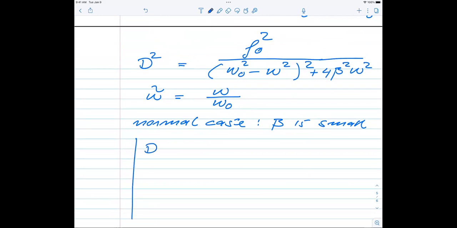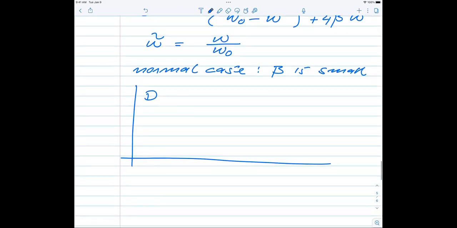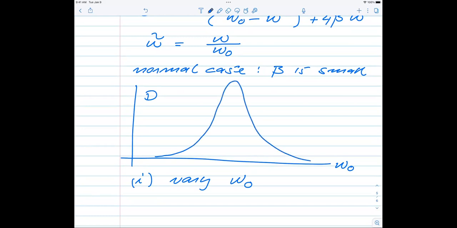So let's make a plot of it. And there are two situations which we can look at. We can vary omega 0. You could think of us varying omega 0 here, and you will see that this resonance would then peak around a given value of omega.